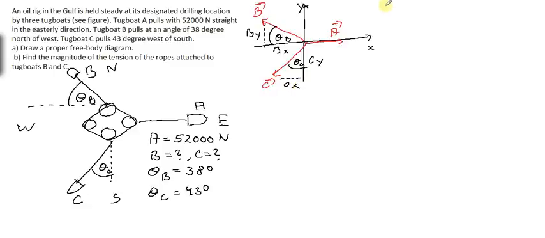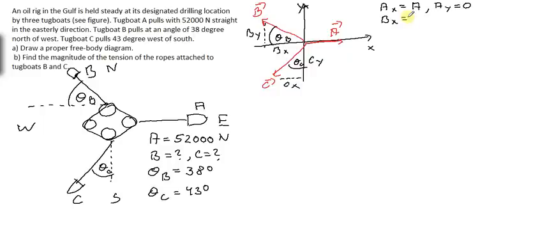Let's start with x. The x component of A, that is just the magnitude of the vector A, because A is just in the x direction. And then it follows right away that the y component of A is 0. That's correct. The x component of B, now you have to look carefully.